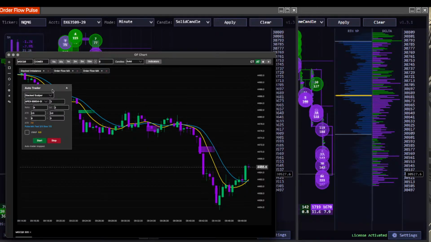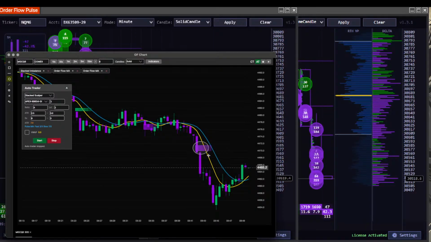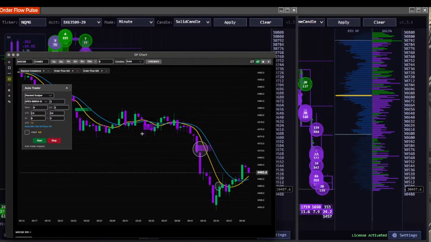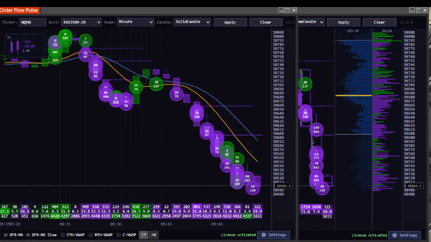I need to start streaming on my other platform. So it got in here because it's a stacked sell imbalance, and it got out right here because it broke the high of the previous candle, so it just covered right there. I don't know how many points that was. I'll have to look it up for you.